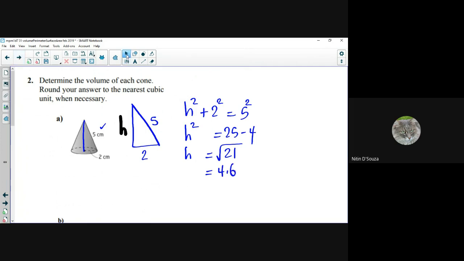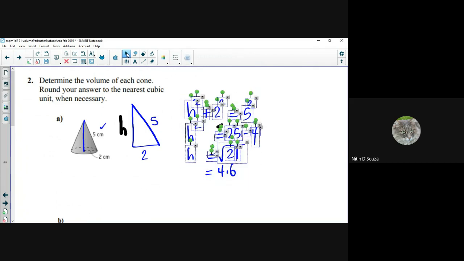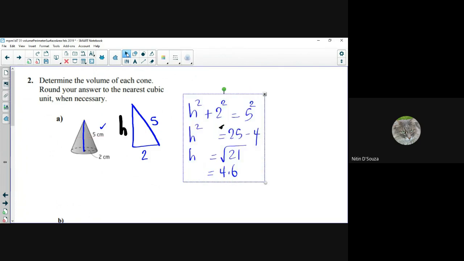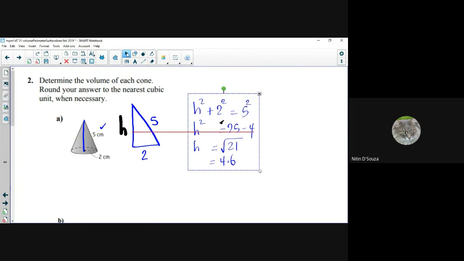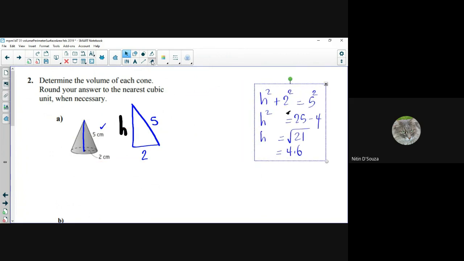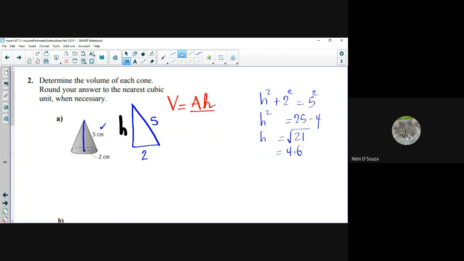Now what I need to do is use that and calculate the volume. I'm going to use red to calculate the volume. The volume is going to be area of the base times height, which we just found, divided by 3.